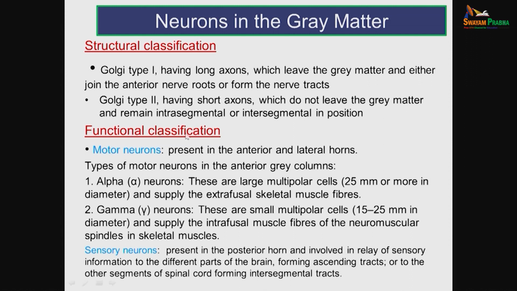Functionally, if you classify, you can divide the neurons in the grey matter as motor neurons and sensory neurons. Please understand that the ventral grey horn is motor. So, you have motor neurons present in it, in the anterior ventral grey horn and also in the lateral grey horn.